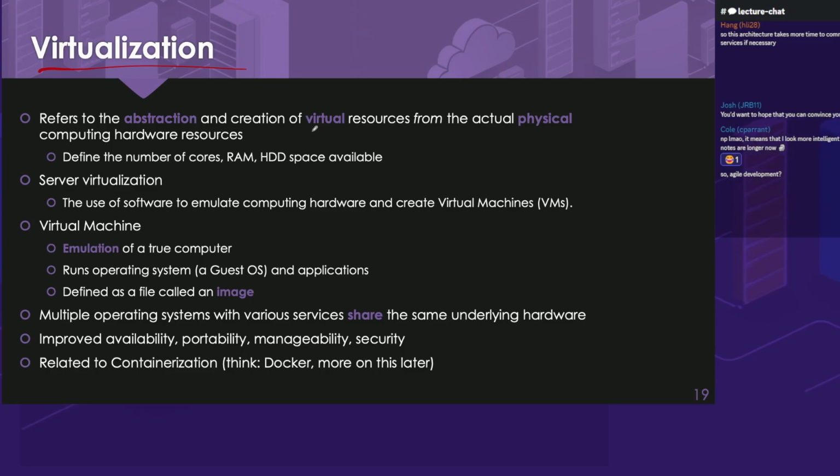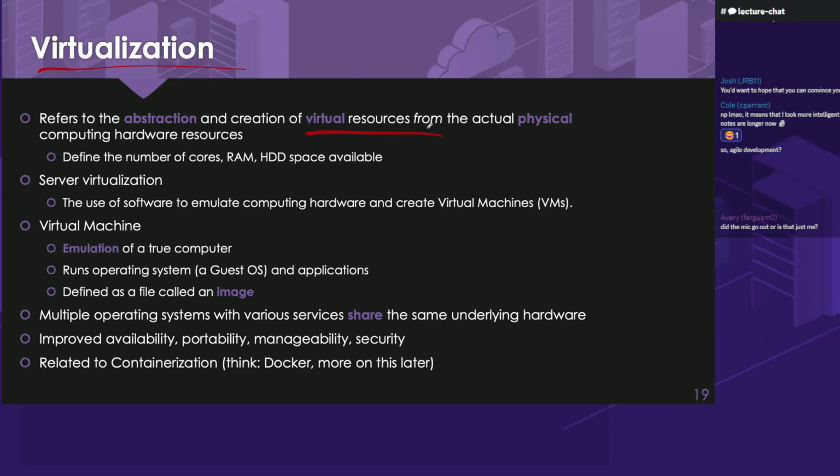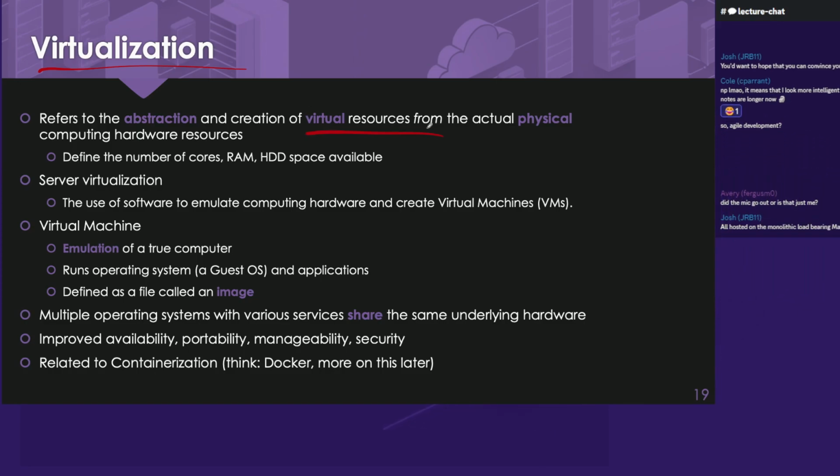So instead, we can provide virtual resources from the actual physical computing hardware. But also, this is just generally how the cloud works, right? So if you're AWS and you've got a couple of 100 million users or more, or whatever the number is, you don't want an actual server for each one of them, especially if little Joe Bloggs wants to host his to-do list app that's just for him.